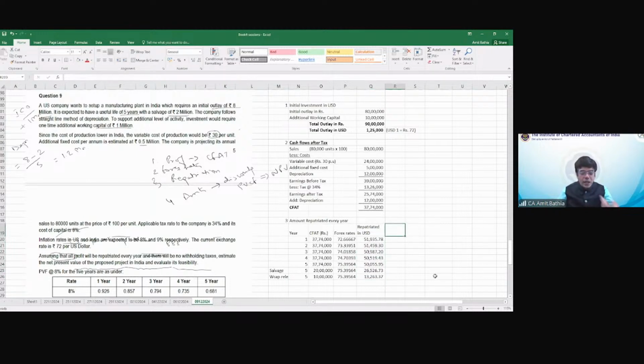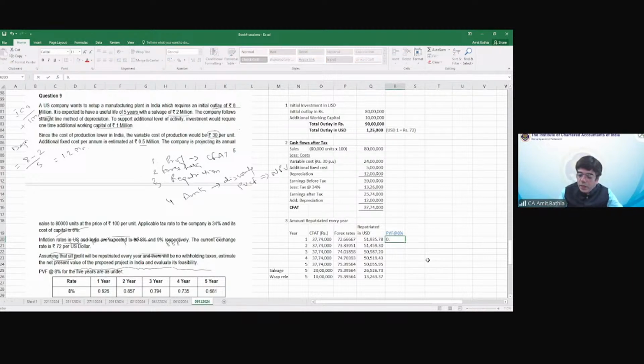Now I need to just multiply over here with the PV factor. What is your required rate? Your required rate of return is 8%. Am I right? That is 8%. You are given the numbers already over here at the rate of 8%.